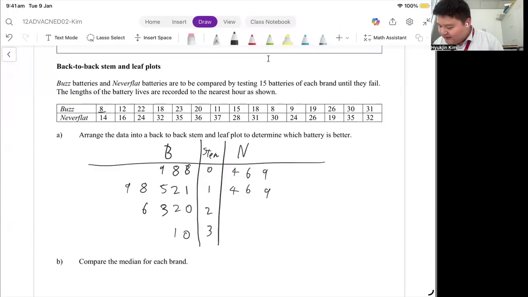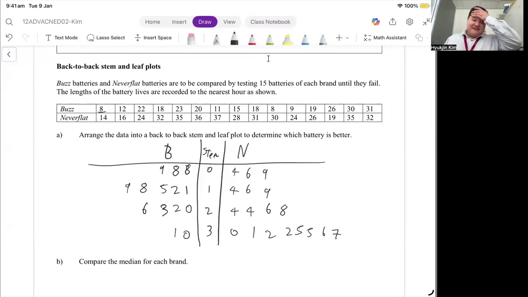Okay, and then 4, 4, 6, 30. 1, 2, 2, 5, 6, 7. Oh, there's another 5. What a sack, right?